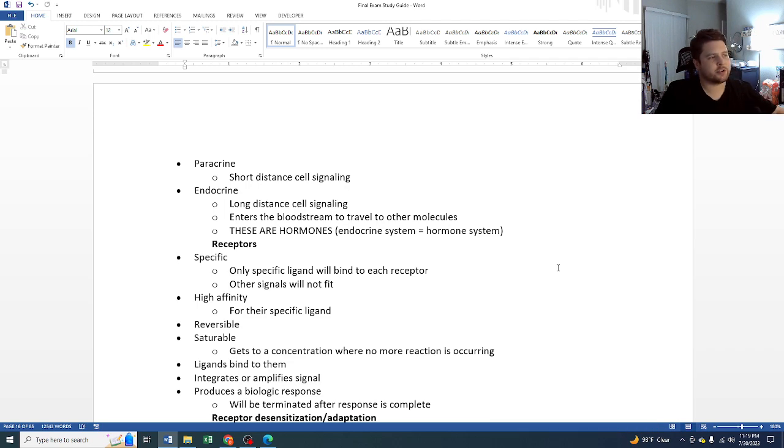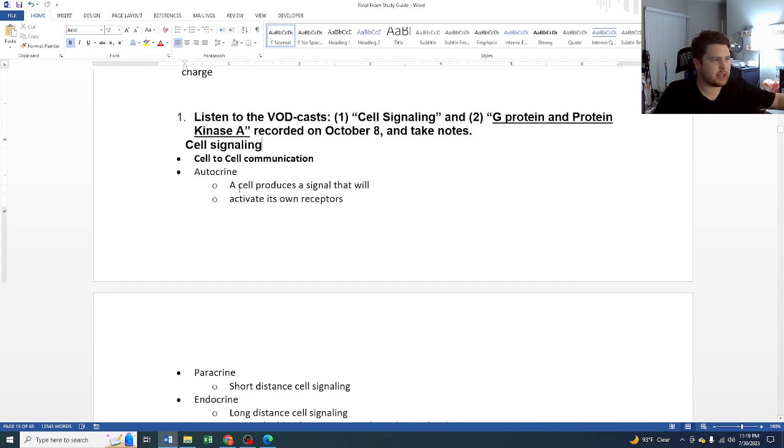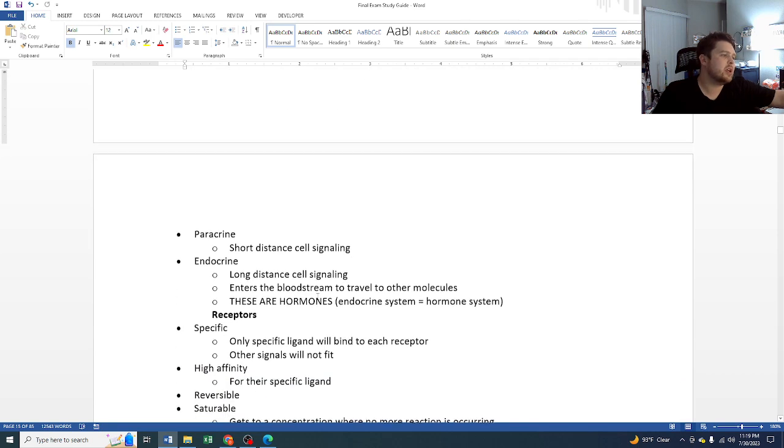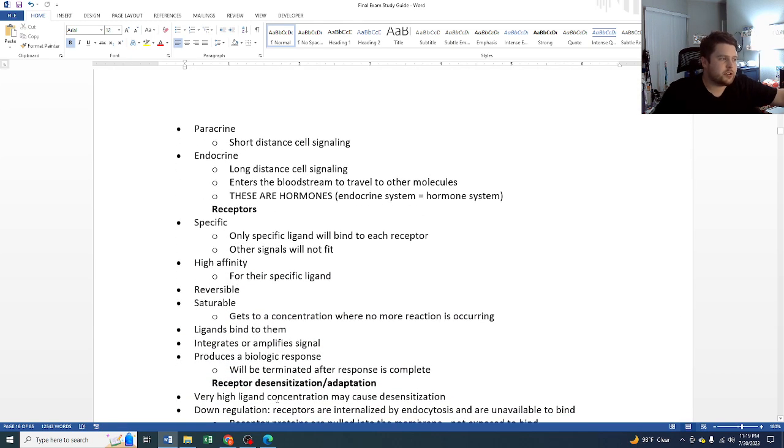When we talk about these receptors, these ligands, these signals, are going to go and bind to receptors. These receptors are specific, meaning they will only bind to that specific ligand. They have high affinity for their specific ligands, which means that when they're given the opportunity to bind, they really want to bind.